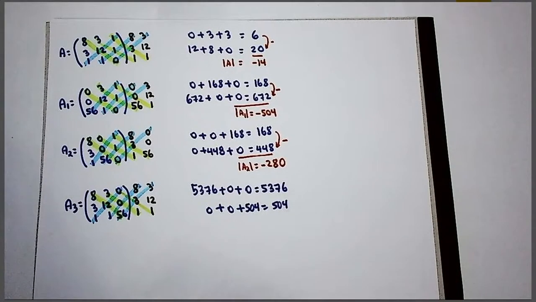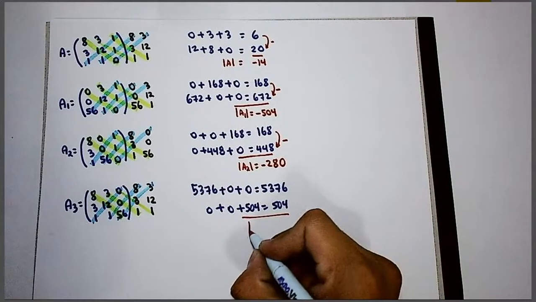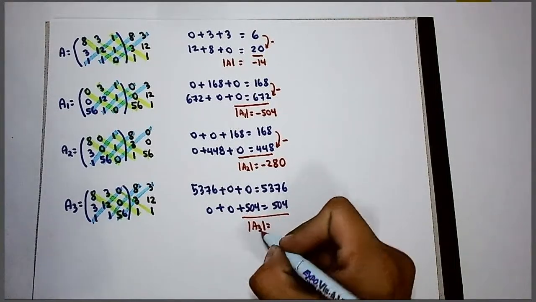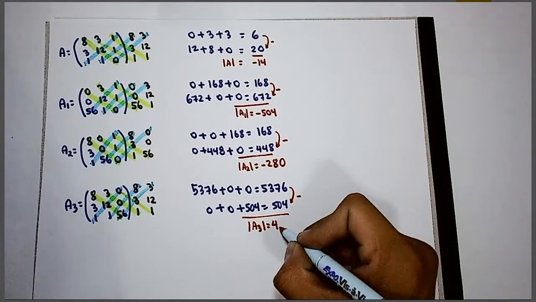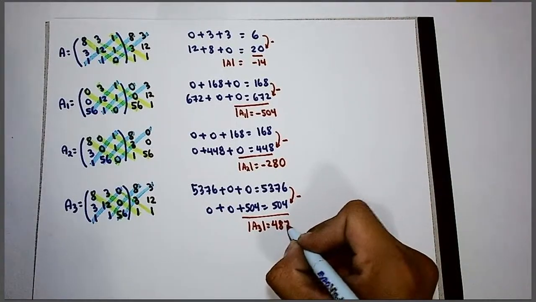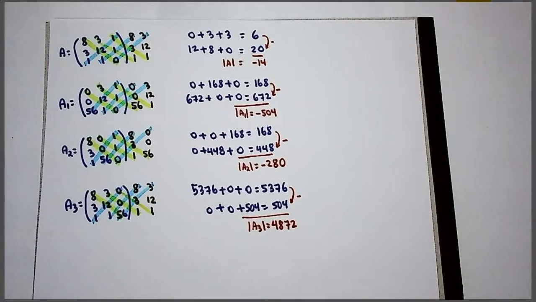This means that the determinant of A sub 3 is equal to 4,872. So now we have all the determinants.